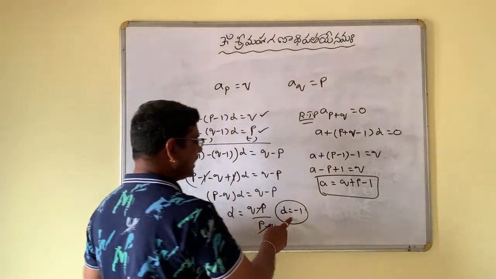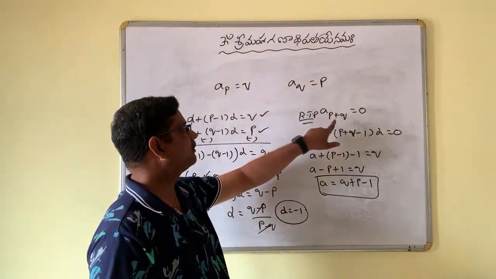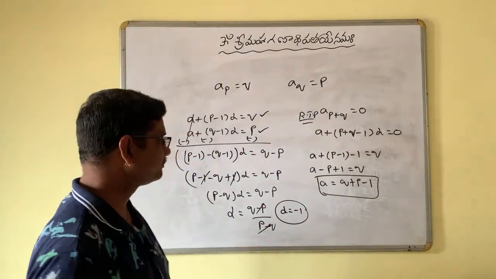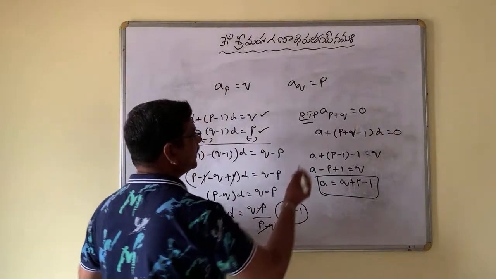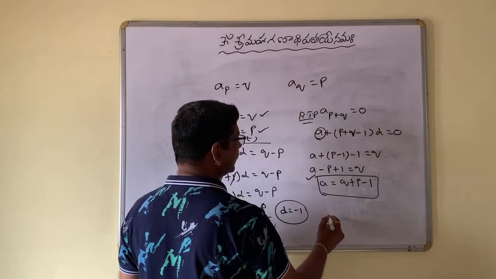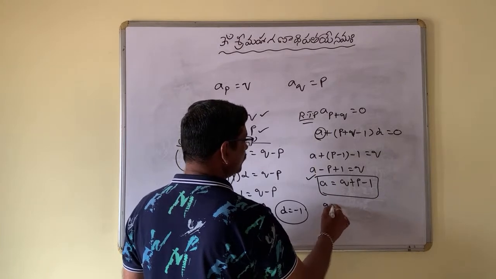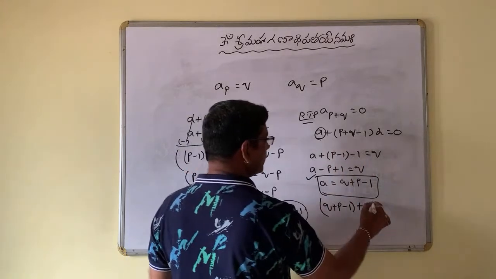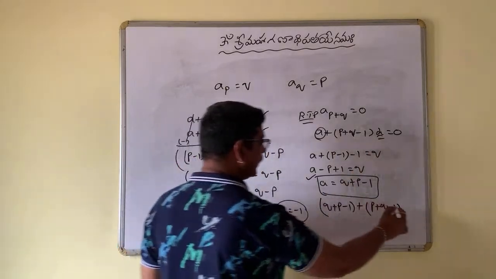Now we have the D value and the A value. We are going to prove that the (P plus Q)th term is 0. Substitute A with Q plus P minus 1, plus (P plus Q minus 1) into D, which is negative 1.